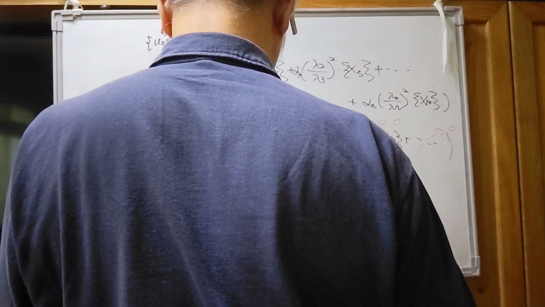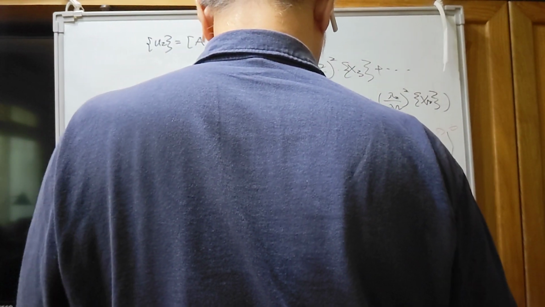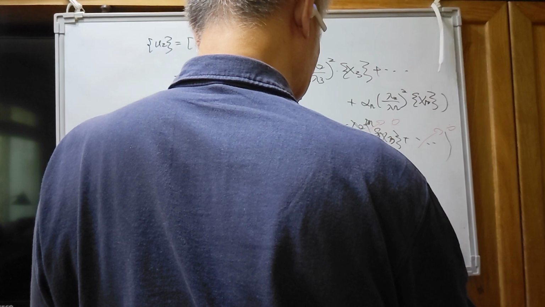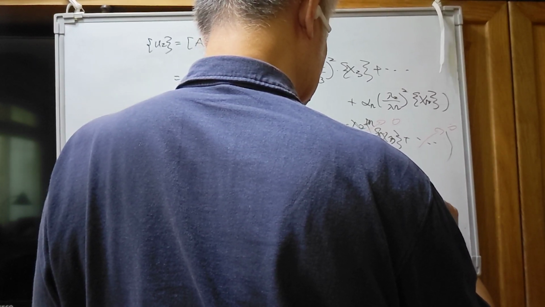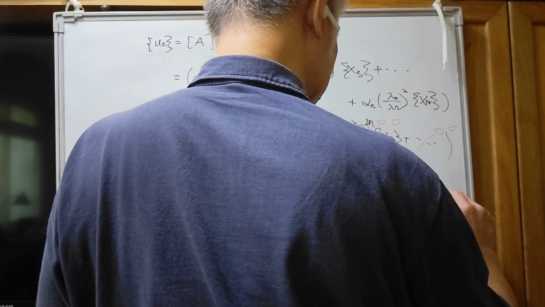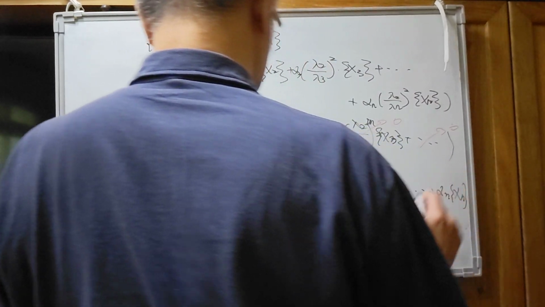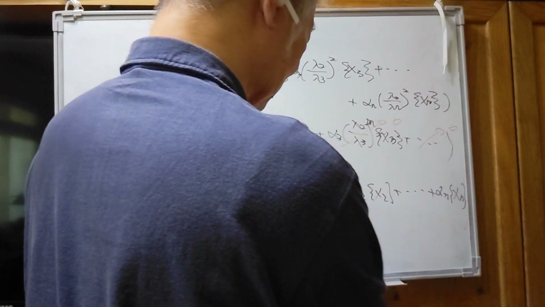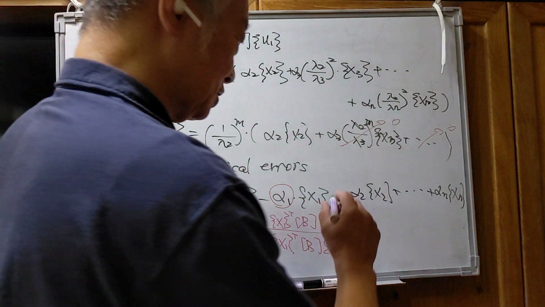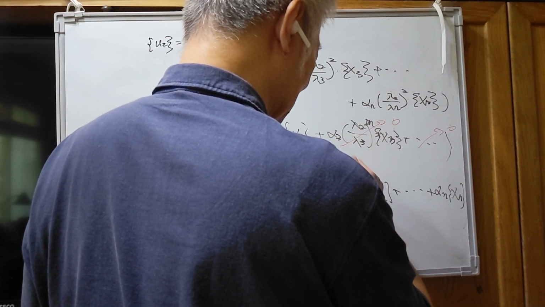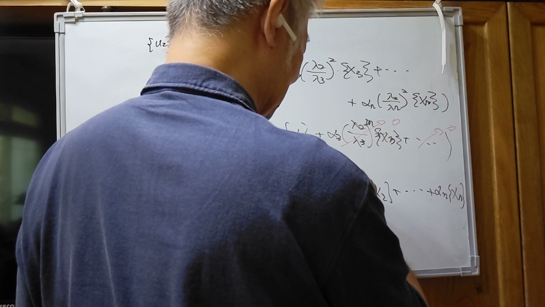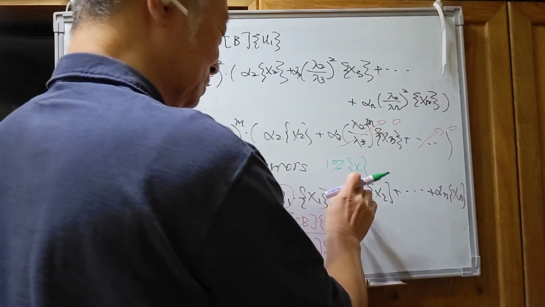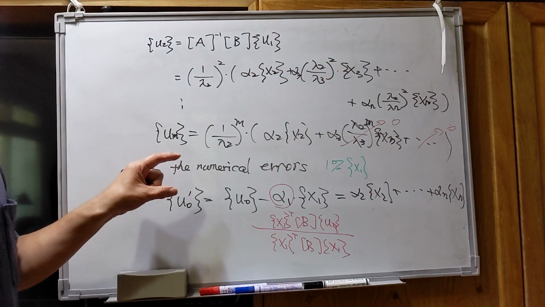Theoretically the result will be equal to alpha 2 x2 plus up to alpha n xn. But if alpha 1 is not so accurate, we could have, let's say, 1% of x1 still remaining in the u0 prime vector.